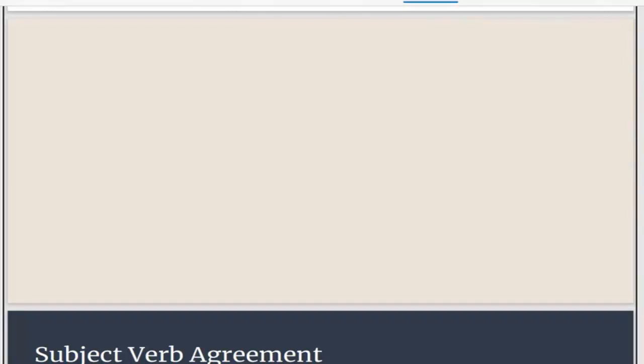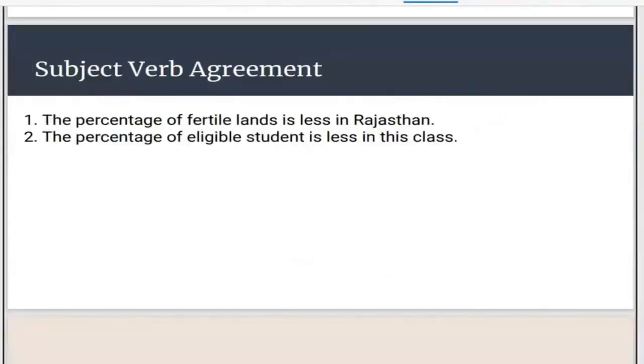Very good. Okay. Now have a look at these two sentences. The percentage of fertile lands is less in Rajasthan. The percentage of eligible students is less in this class. Have you read these two sentences?